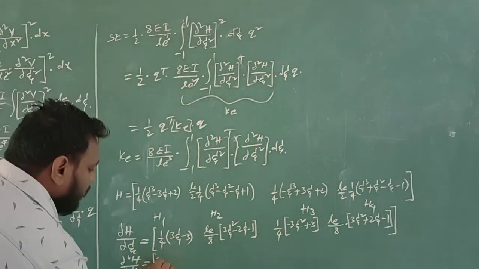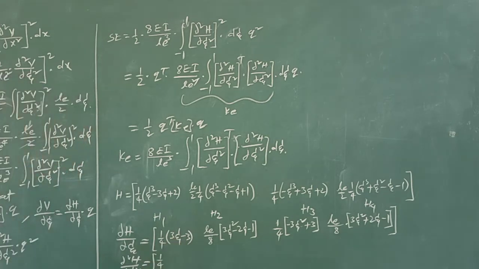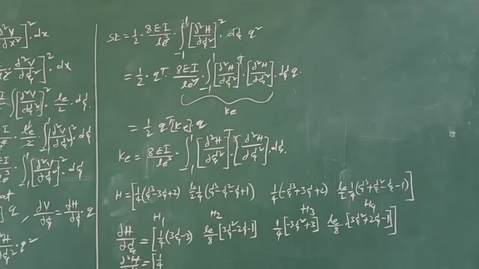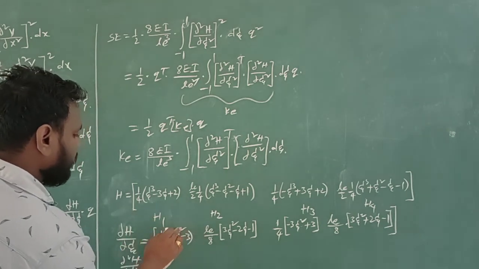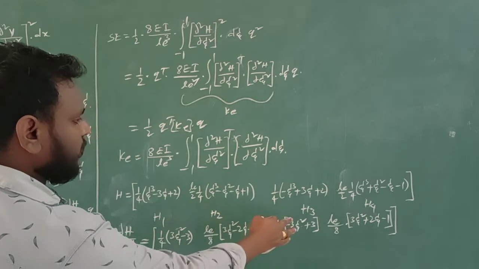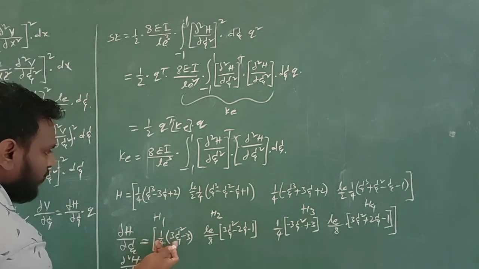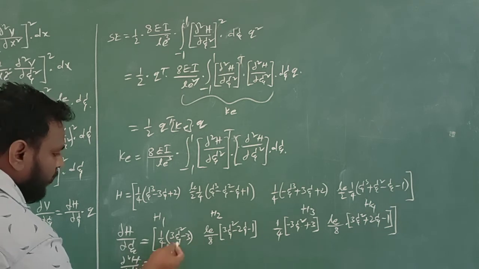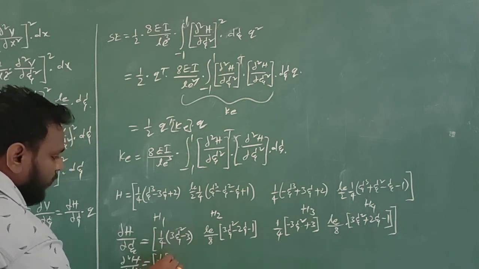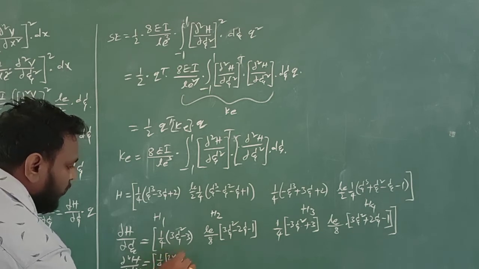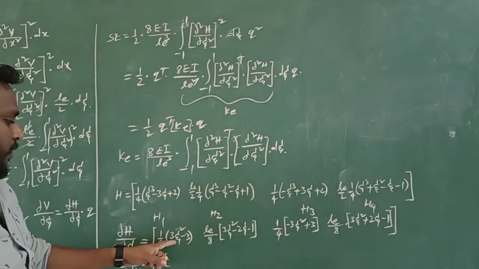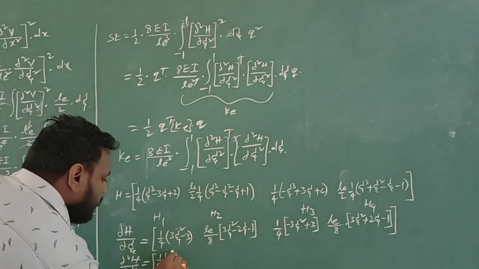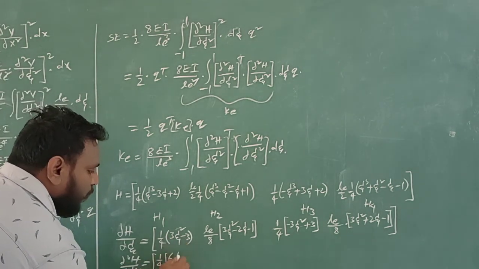It becomes 1 by 4 into, differentiating 3j square gives 2 into 3j, that is 6j, and the constant value is 0.